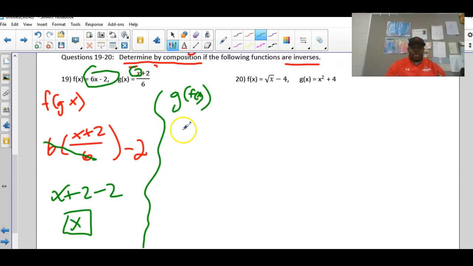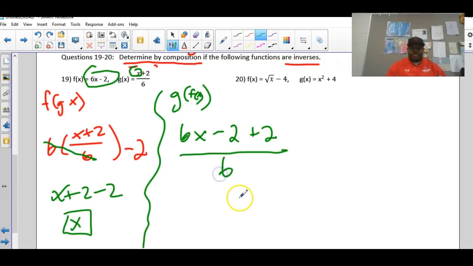So I go 6x minus 2. I don't know why it doesn't like writing 2's, guys. I don't know if you've noticed that. Every time I write a 2, this thing plus 2, because remember I put that right there, 6x minus 2 plus 2 all over 6.